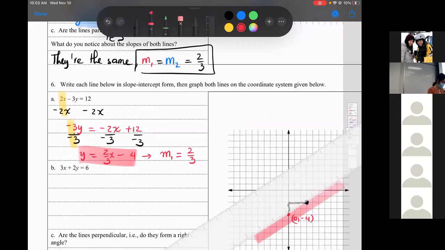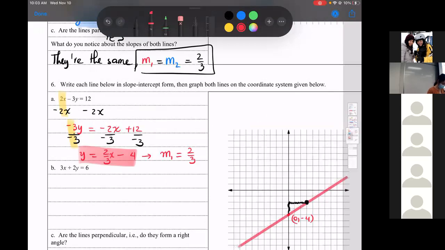And don't forget to label that black point, which is (3, -2).